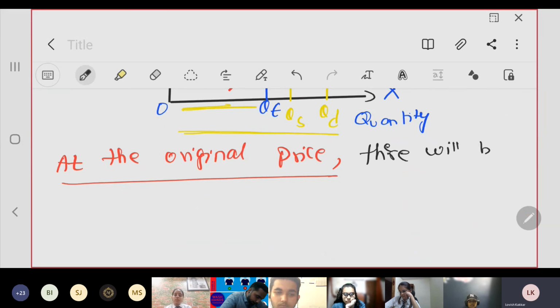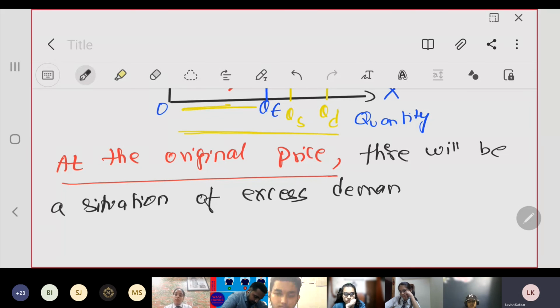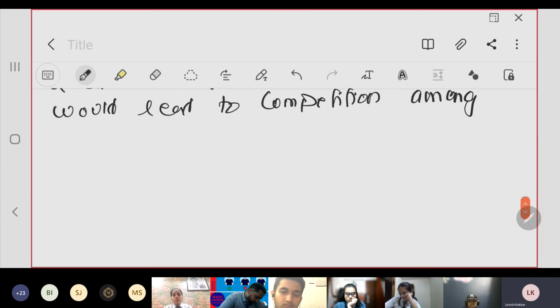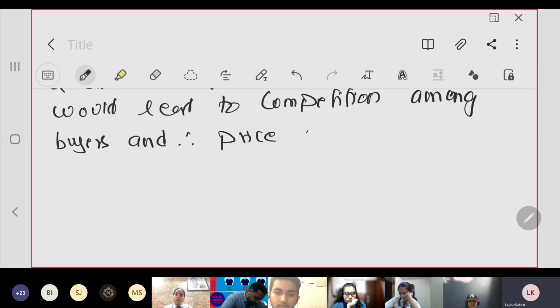There will be a situation of excess demand. This would lead to competition among buyers and therefore price starts rising.